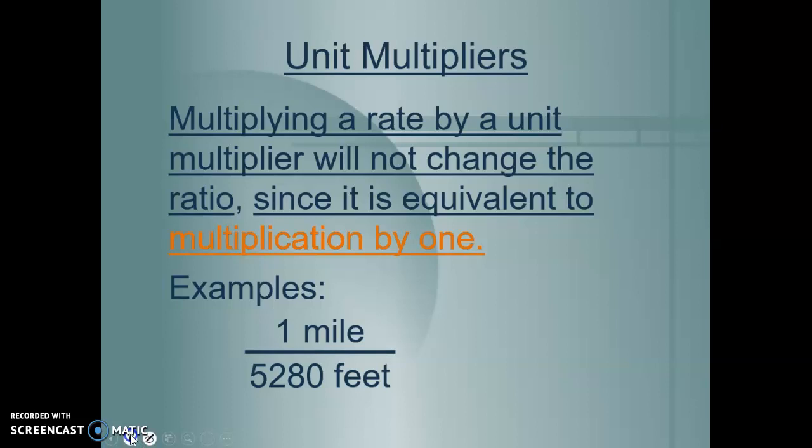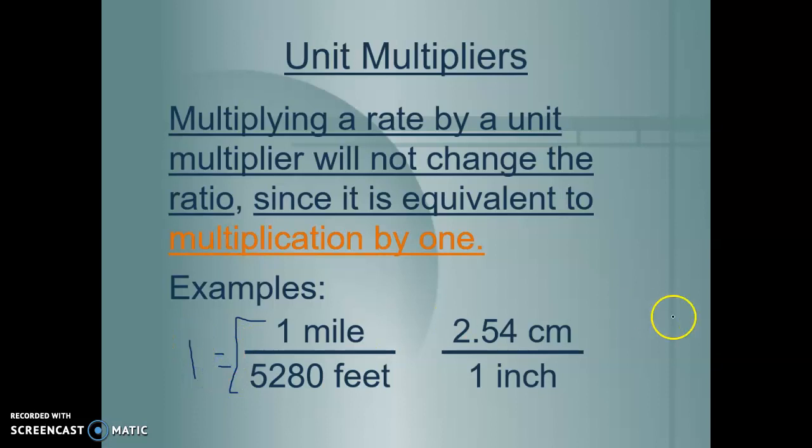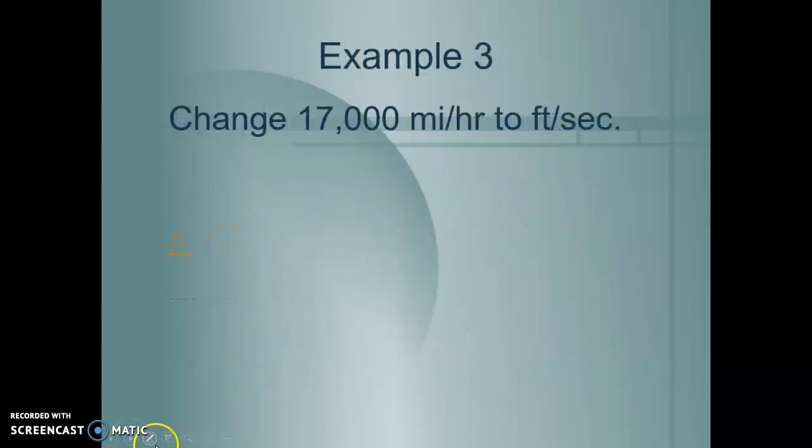That's an example of a unit multiplier. And 2.4 centimeters is equivalent to 1 inch. Again, that's a unit multiplier. These are the same values, so this is equal to 1. These are worth the same thing, so this is equal to 1. The unit multipliers allow us to do a dimensional analysis and change from one unit of measure to another.